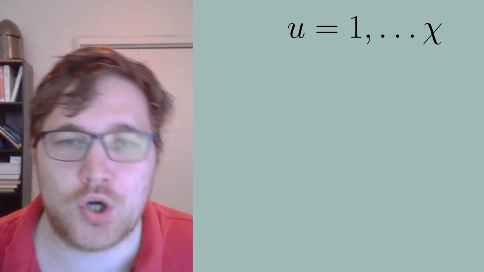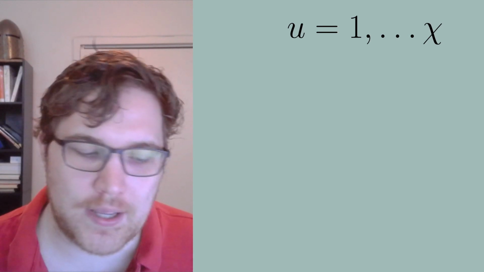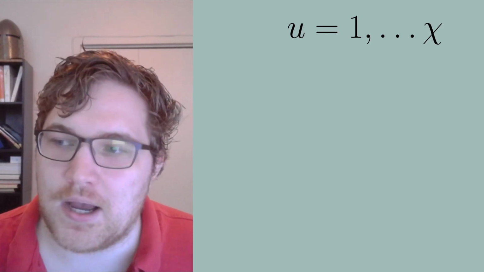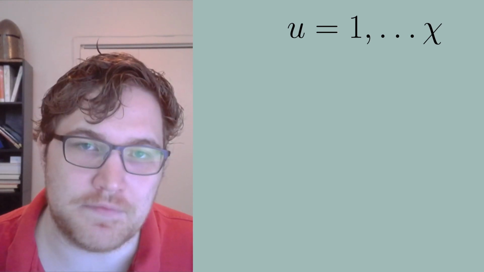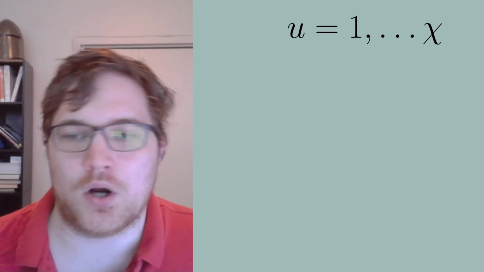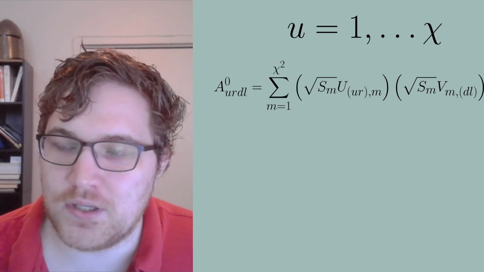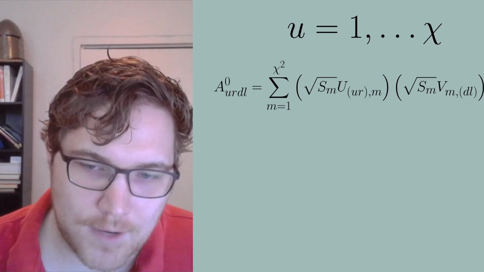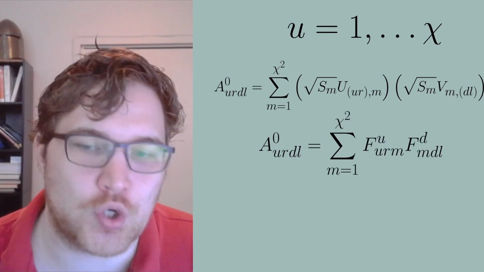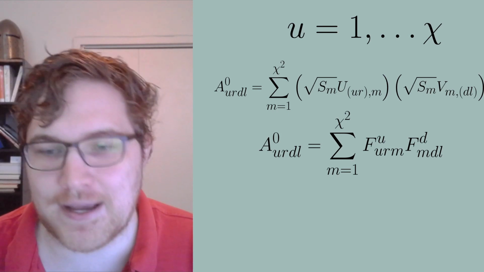Chi here is our so-called bond dimension, and it will be the thing that we need to pay attention to for storage properties and time order complexity of the algorithm. So we can now straightforwardly write out our tensor A in terms of the singular value decomposition in the following way. And this lets us straightforwardly define our expression in terms of our new tensors f up and f down.